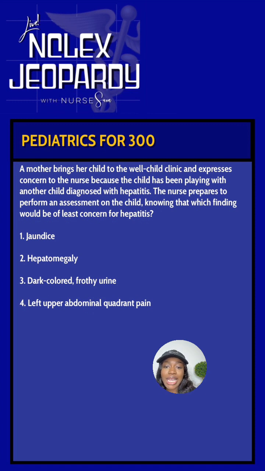All right, so this is pediatrics for 300. A mother brings her child to the Well Child Clinic and expresses concern to the nurse because the child has been playing with another child diagnosed with hepatitis. The nurse prepares to perform an assessment on the child, knowing that which finding would be of least concern for hepatitis? 1, jaundice, 2, hepatomegaly, 3, dark-colored frothy urine, or 4, left upper abdominal quadrant pain?